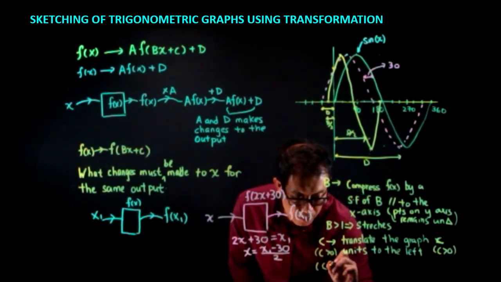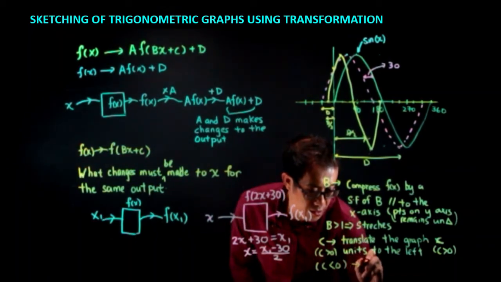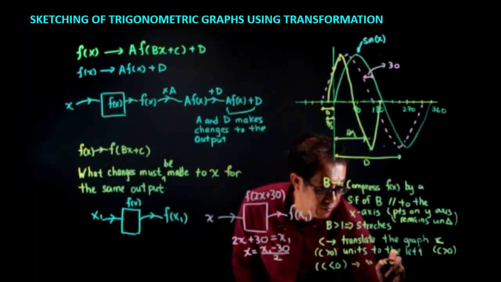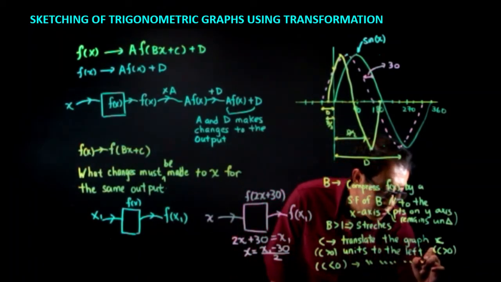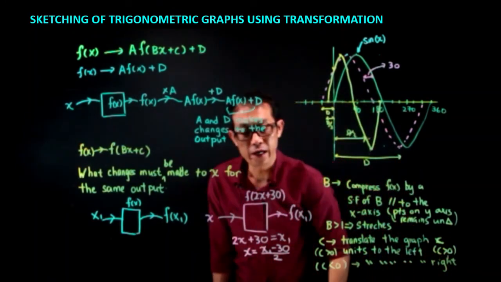If C is smaller than 0, that means translate the graph, everything the same, to the right.